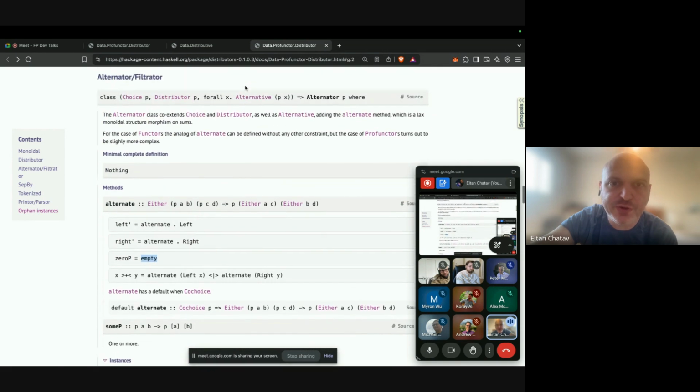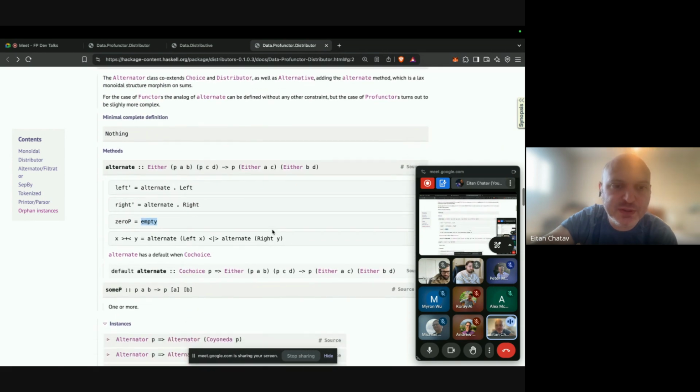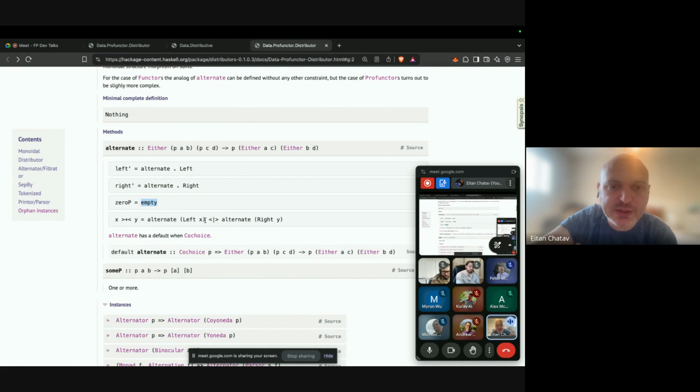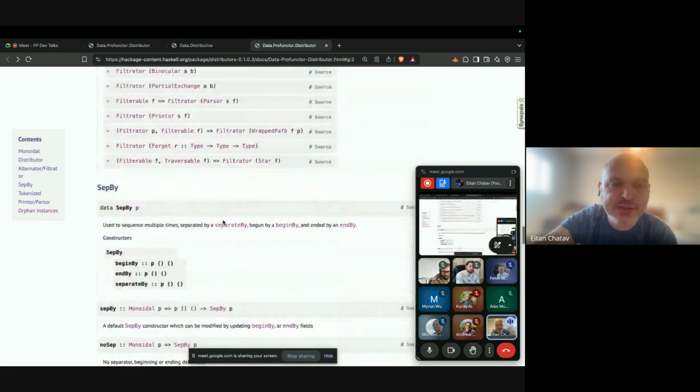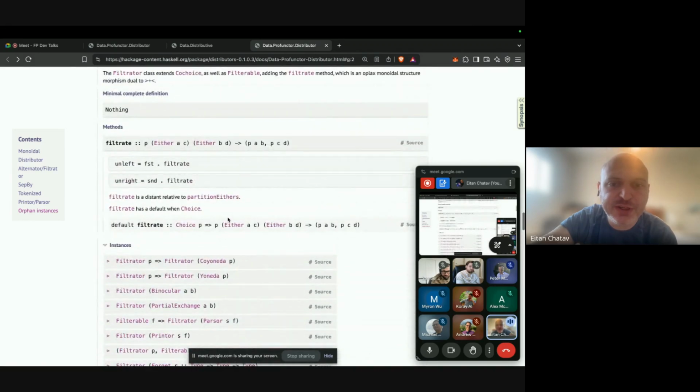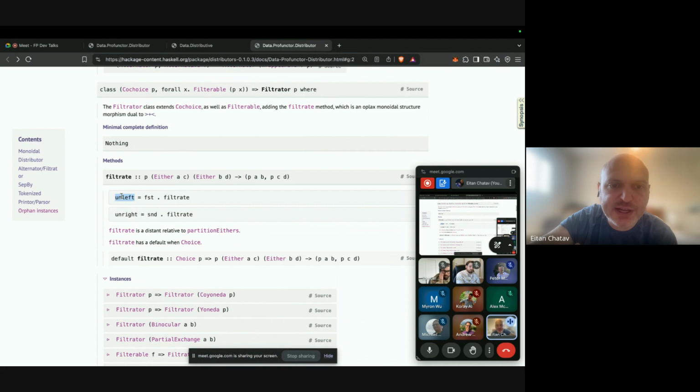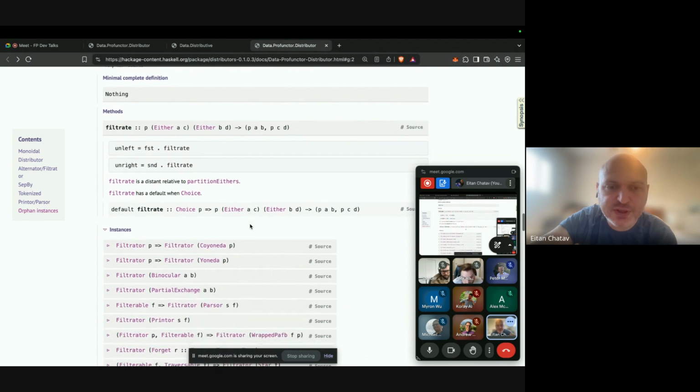Because we're extending alternatives, so we have empty. And x plus y, we get by doing alternate left x or alternate right y. Okay? And similarly for filtrator, unleft is first dot filtrate. It's this first one here, and unright is second dot filtrate.